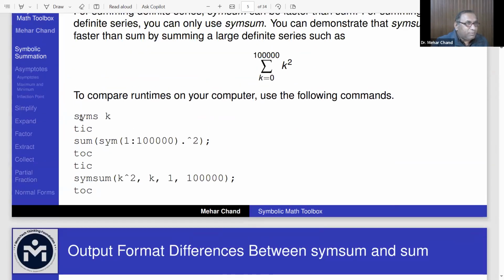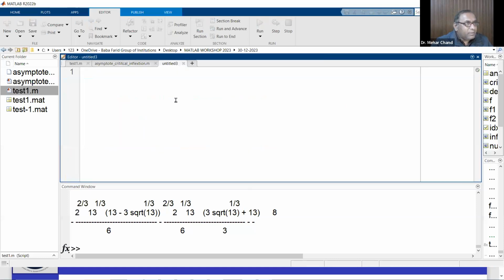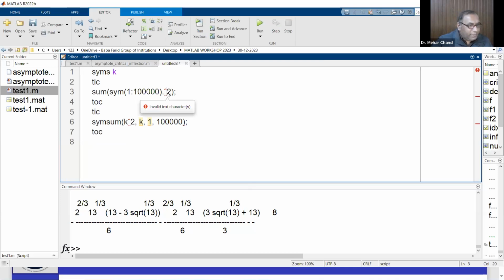If you ask me to compare, I can copy all these statements, go to MATLAB, and put all these statements at this place. When you copy the text and see some error, always make it correct.